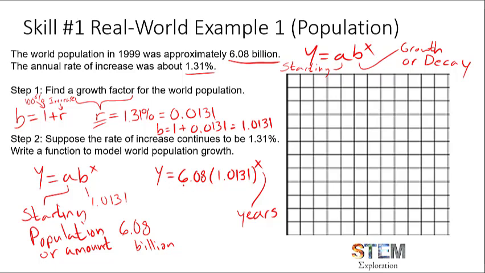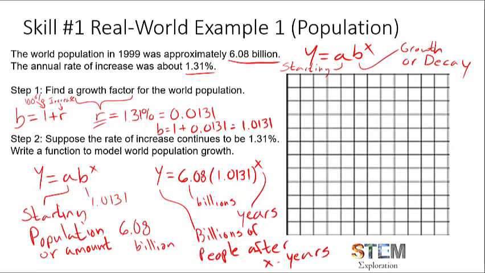So you have your growth, you have your initial population in billions. And so what y will give you is billions of people after x years.